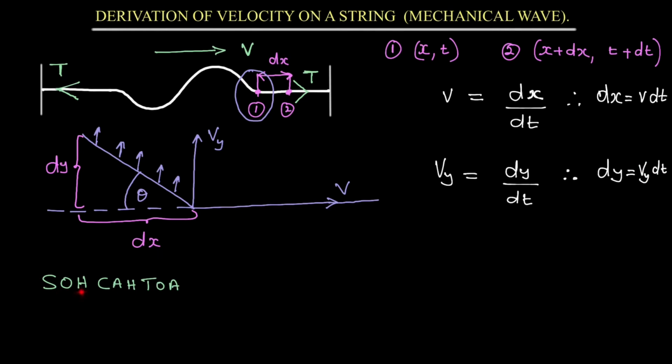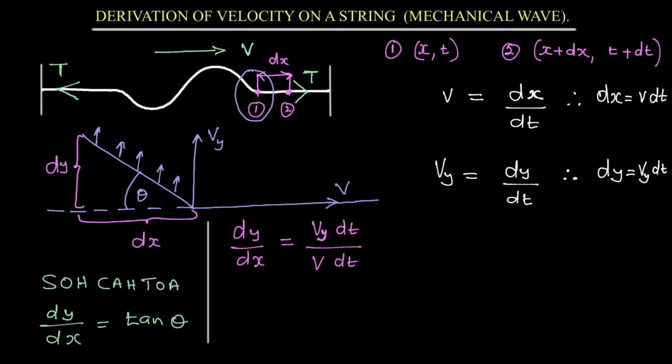If we apply SOHCAHTOA here, we can find dy over dx. dy over dx is opposite over adjacent, and opposite over adjacent is tan theta. So dy over dx equals tan theta. We can also say that dy over dx equals vy dt over v dt, and the dt cancels out.